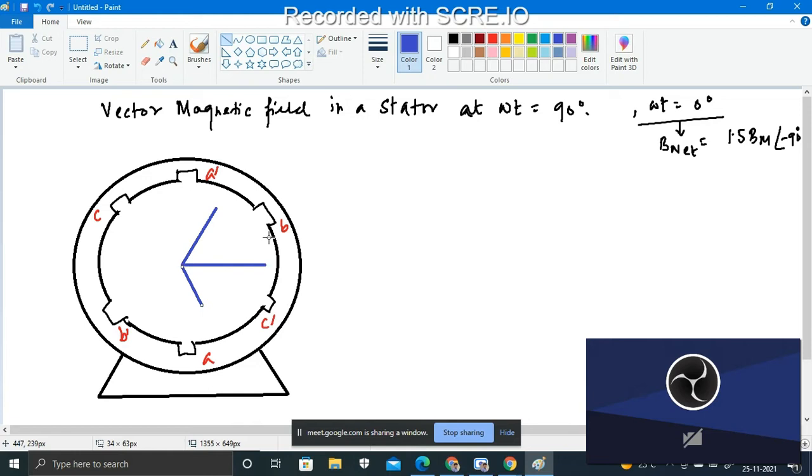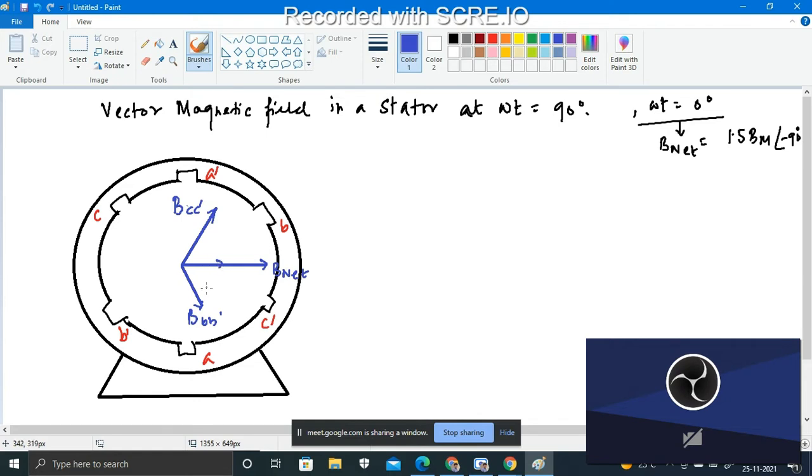This is my BCC dash. This vector will consist of BB dash, and this will be my total B net.